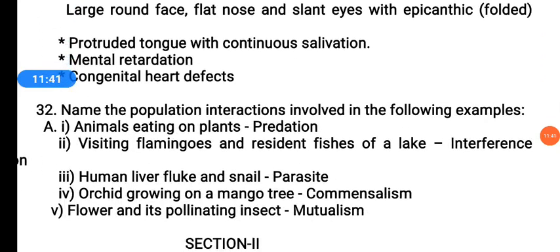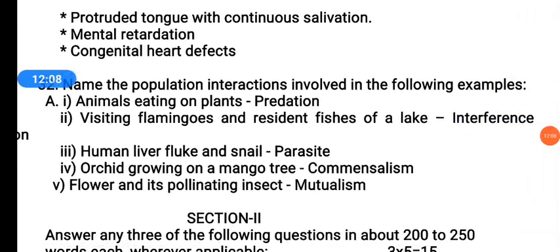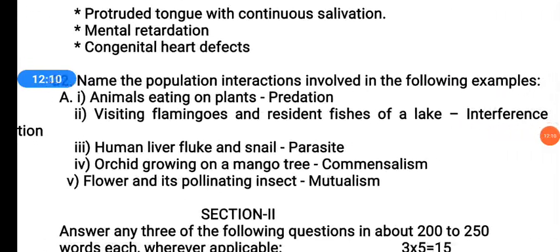Next, name the population interaction involved in the following examples. Okay, we are just going to give the name. Animals eating on plants, predation. Okay, predation is the best example. Visiting flamingos and resident fishes of a lake. This is nothing but interference competition.